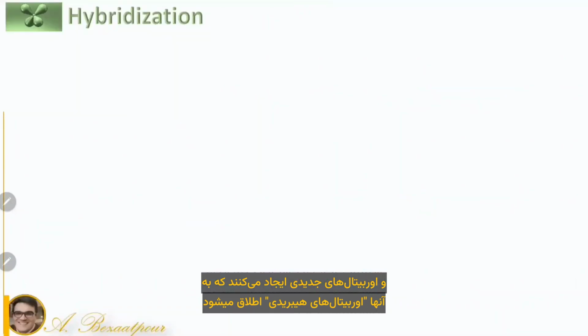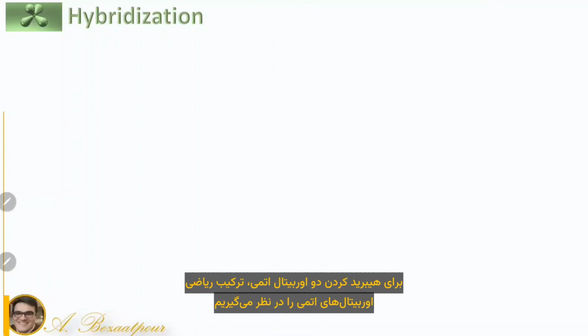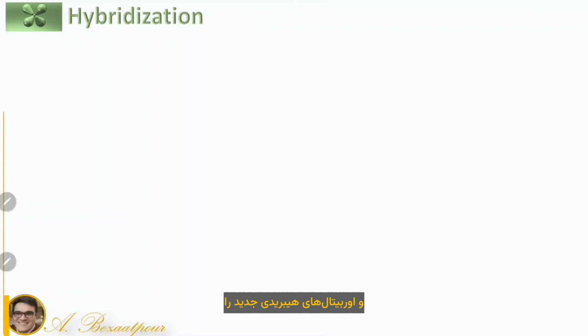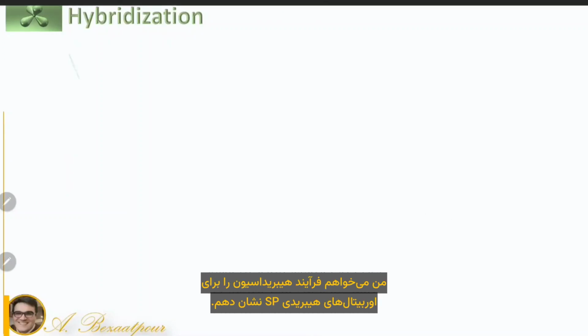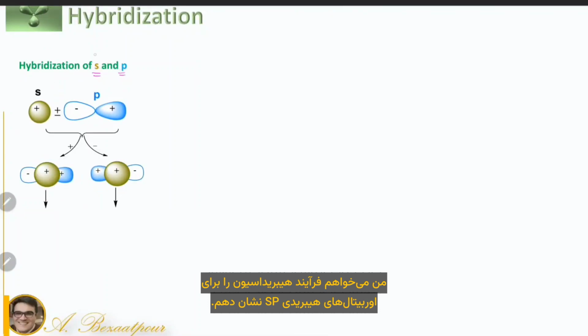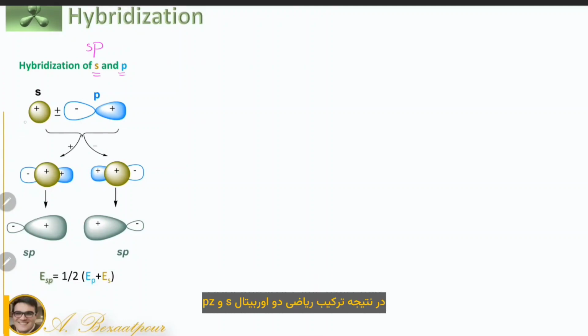To hybridize 2 atomic orbitals, we consider the mathematical combination of atomic orbitals and draw new hybrid orbitals considering constructive and destructive interference. Here I wanted to show the hybridization process for sp hybrid orbitals as a result of the mathematical combination of s and pz orbitals.